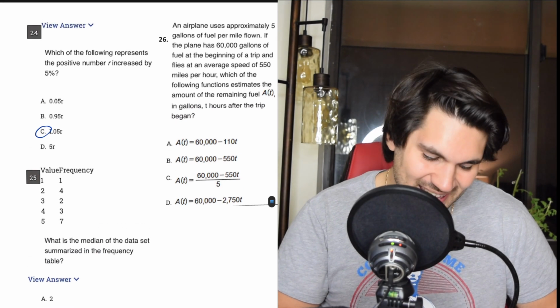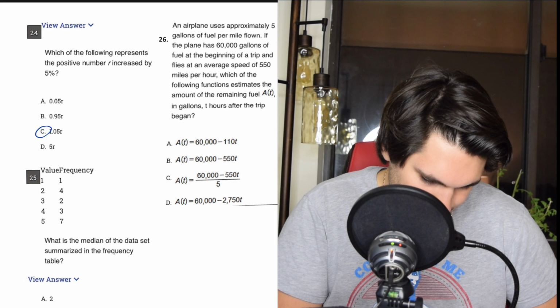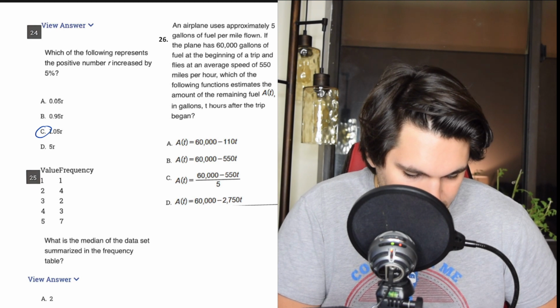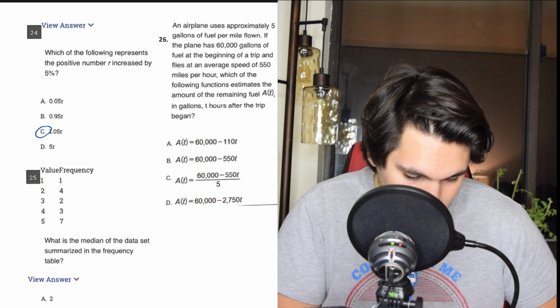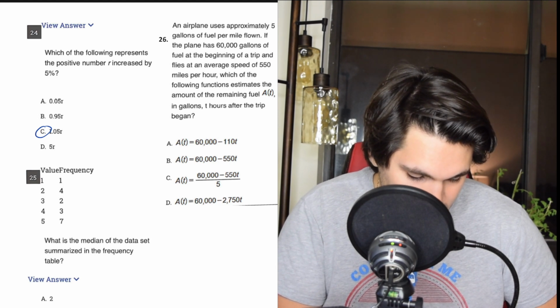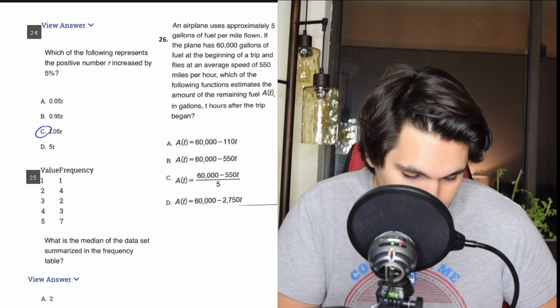Number 26. Bunch of information. Okay. Well, we start at 60,000 gallons, right? It burns 5 gallons per mile flown, and it flies at an average speed of 550 miles per hour. We want to know how much fuel remains T hours after the trip began.